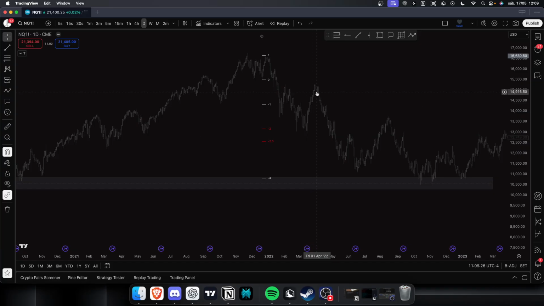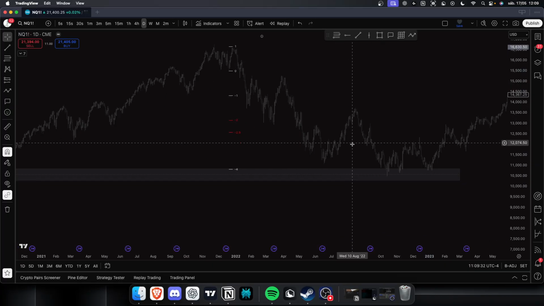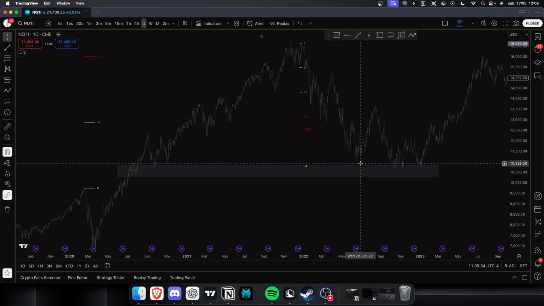But from there, after we mitigate discount, we get the power of 3, so price accumulates lower, goes higher, then distributes lower. We go for the -4 zone. Now, why do we reverse from here?